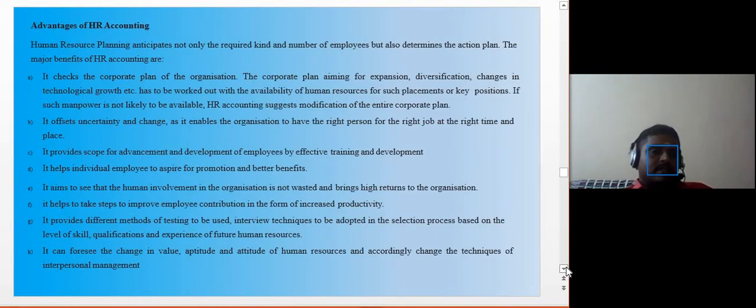Advantages of human resource accounting. Human resource planning anticipates not only the required kind and number of employees but also determines the action plan.